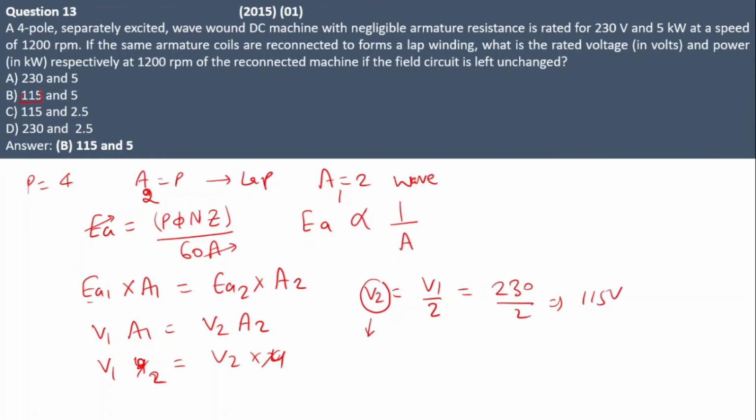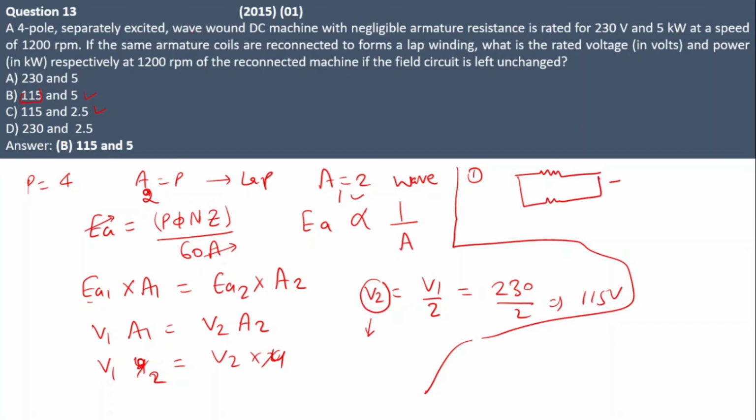Now what will be its rating, 5 amps and 2.5 amps? So to know about the rating, first see this. Actually in the first case, wave connected, wave parallel paths are 2, so coils are connected in this fashion. This is IA and IA, because there are 2 parallel paths, so you get 2IA equal to I1.